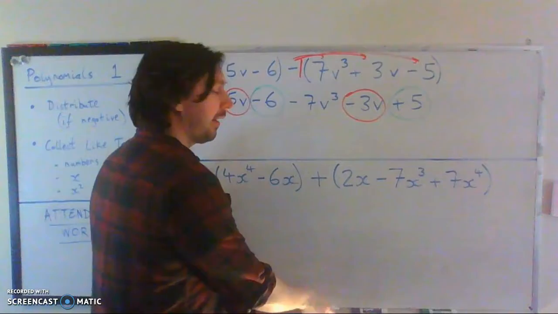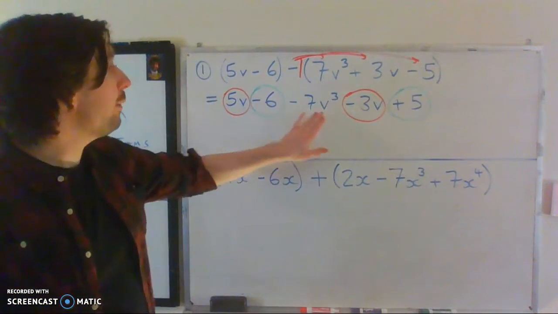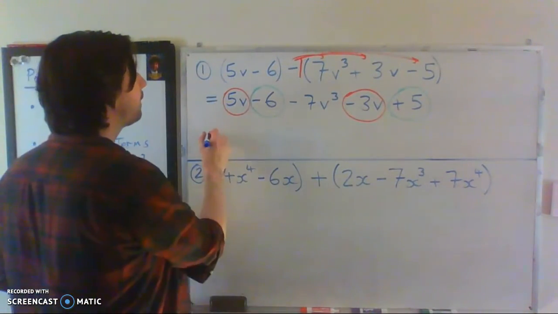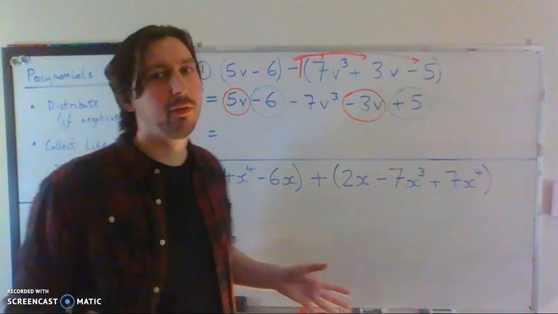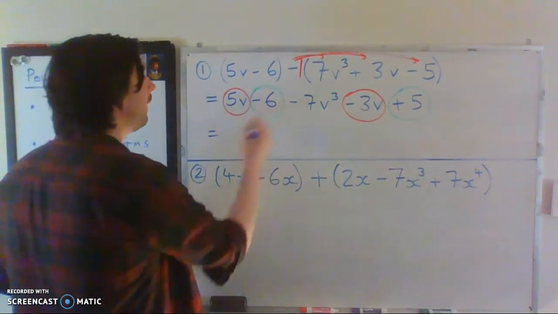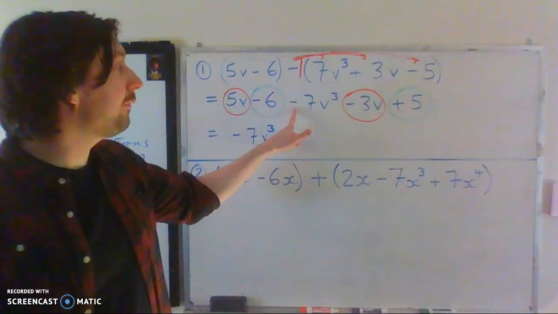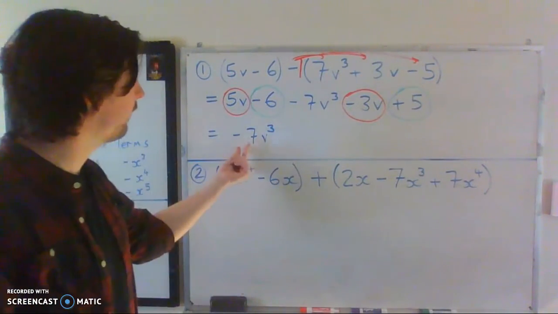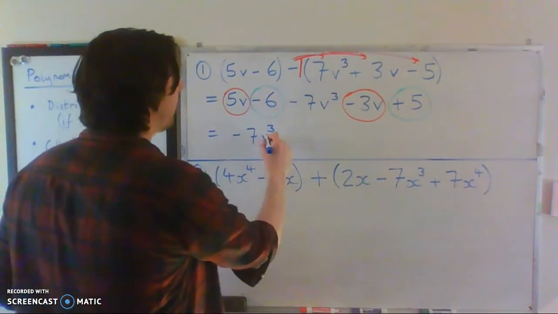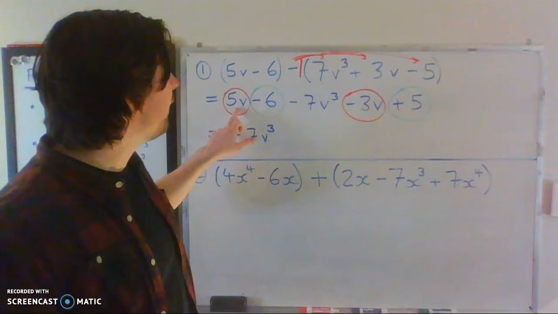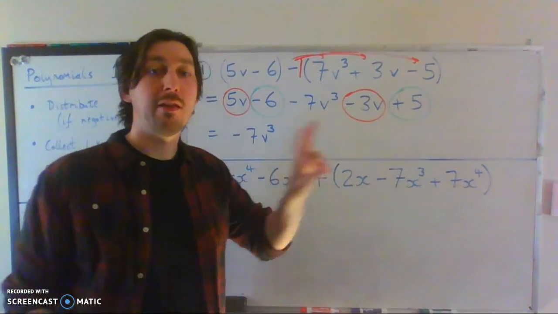So let me do my final answer here. I'll start with this because it's the highest power. It doesn't really matter what you start with though, but that's usually the best way to do things. Negative 7v³. Remember that negative is attached to it. It belongs to this, so it stays that way. Let me do the 5v, take away 3v is 2v.